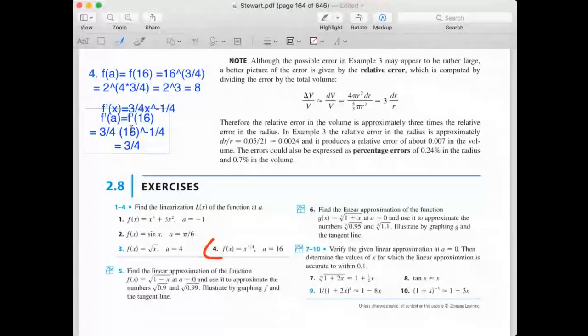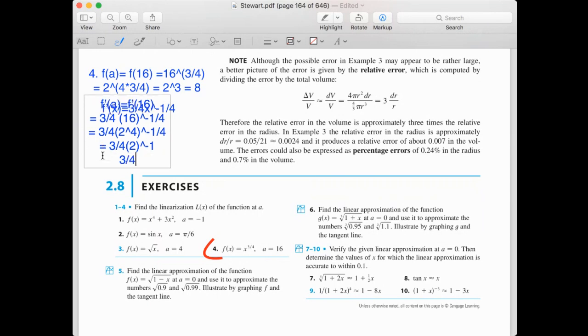So 3 over 4 times 2 raised to 4, then raised to negative 1/4. So that's 3 over 4 times 2, and 4 times a quarter is 1, so 2 raised to negative 1.